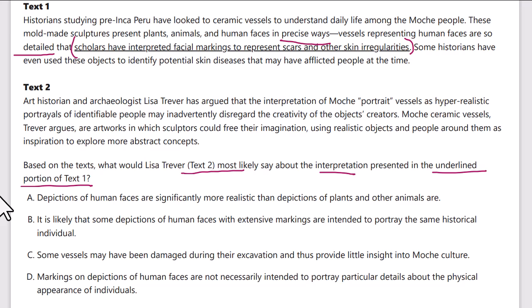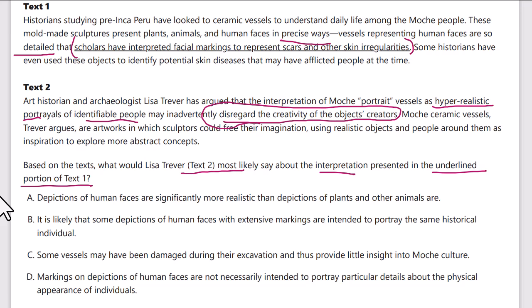Text 2: archaeologist Trevor has argued the interpretation of Moche portrait vessels as hyper-realistic portrayals of identifiable people, this was text 1, the underlined portion's idea, may inadvertently disregard the creativity of the object's creators. So basically saying they're being misinterpreted. There's something wrong with the assessment that these are actually facial markings, scars, things like that.